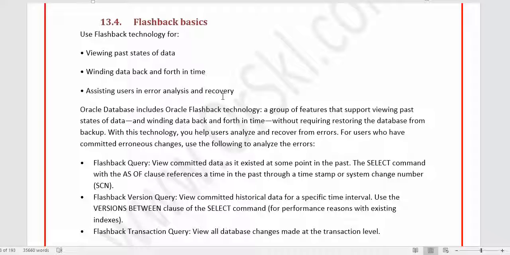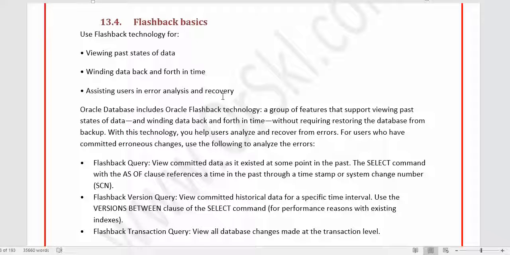But consider a case where the user has performed a list of transactions and committed, and after the commit they identified that the sequence of transactions were flawed transactions. That means they wanted to revert back to the earlier data state. Because the data is already committed, the user cannot directly roll back.